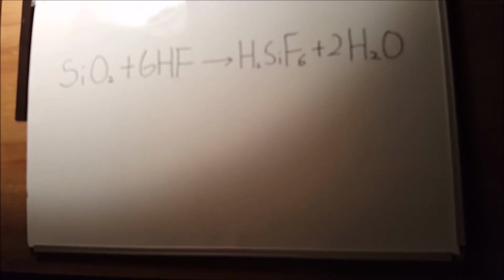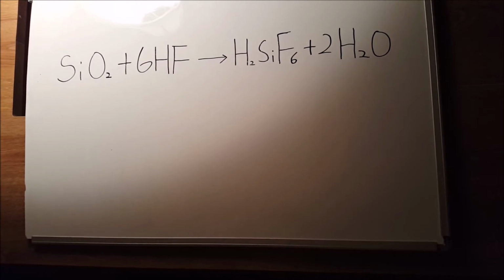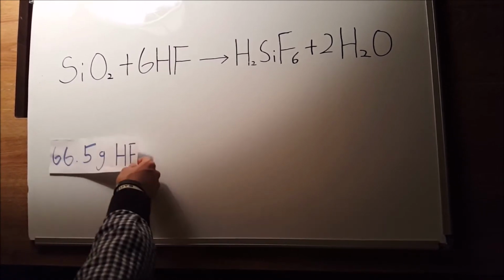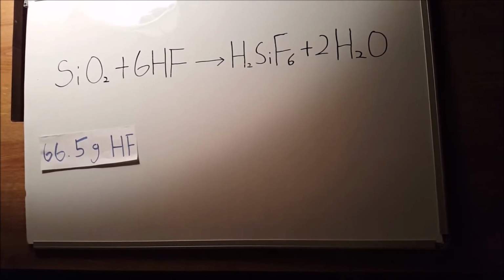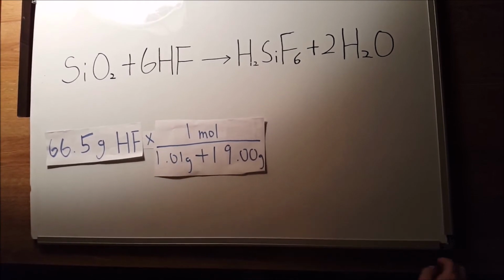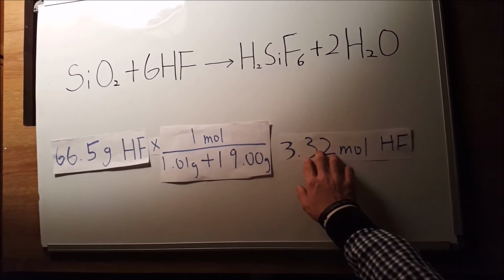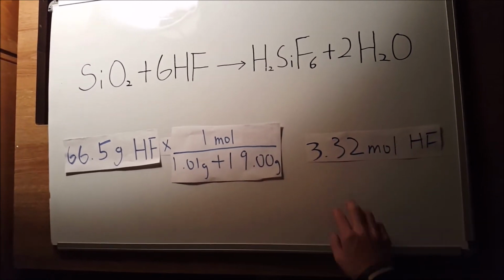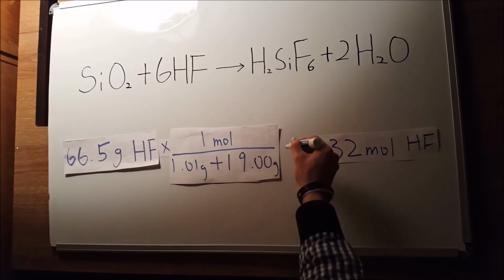So since hydrogen fluoride is the limiting reagent, let's calculate how many moles were used in this experiment. We have 66.5 grams of hydrogen fluoride, and we divide it by the molar mass of hydrogen fluoride, which equals 3.32 moles of hydrogen fluoride.